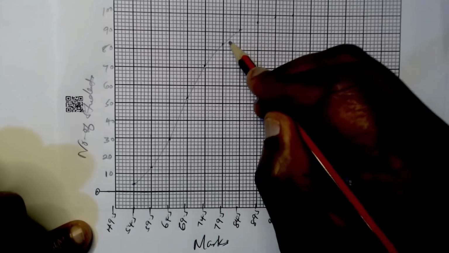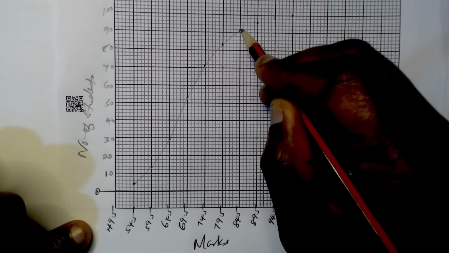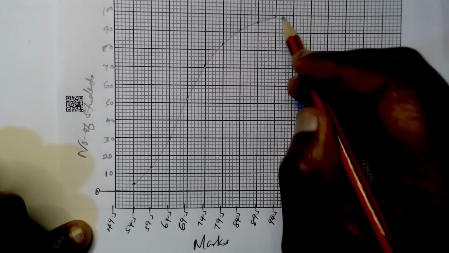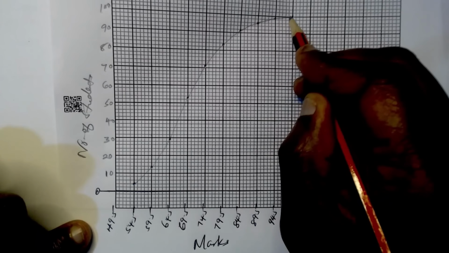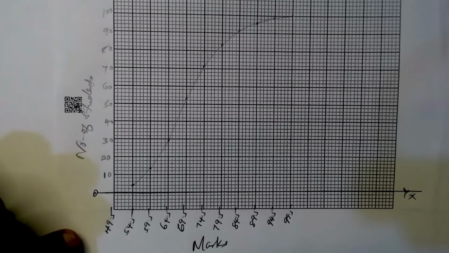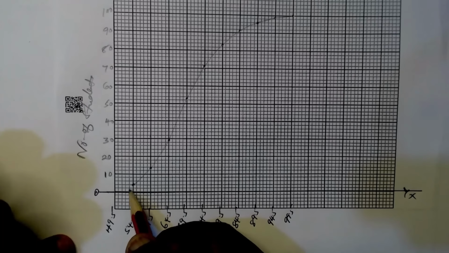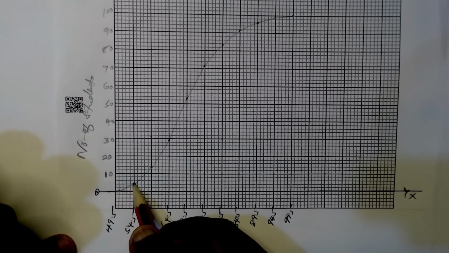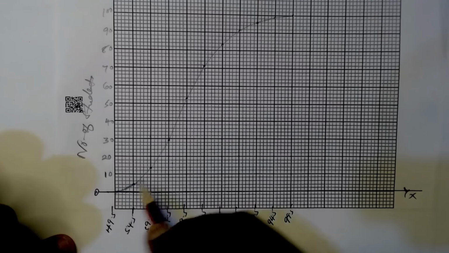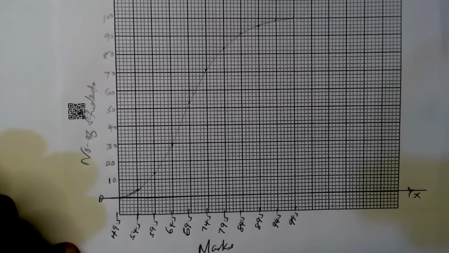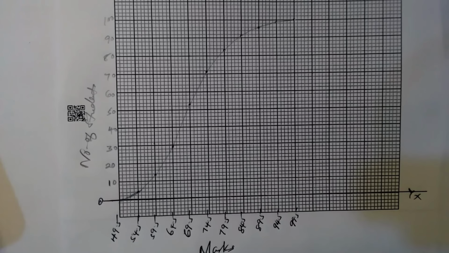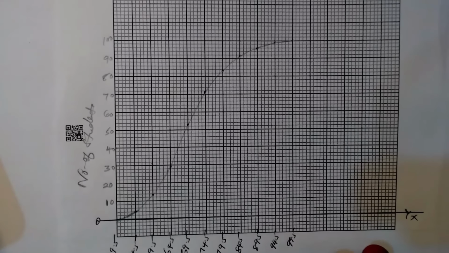Join it, make sure you join all the points. Like that. So then the starting point, you can join the starting point to avoid leaving it hanging, join it to the start like that. So that is the cumulative frequency curve supposed to look like. So that is how you're supposed to draw it.